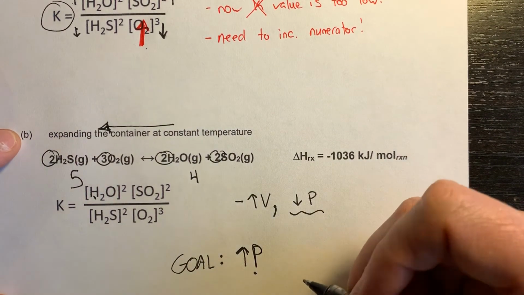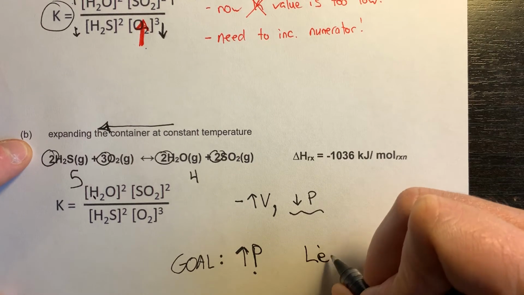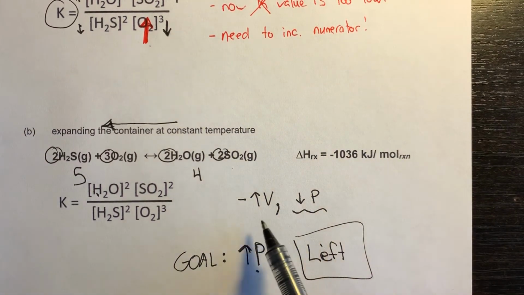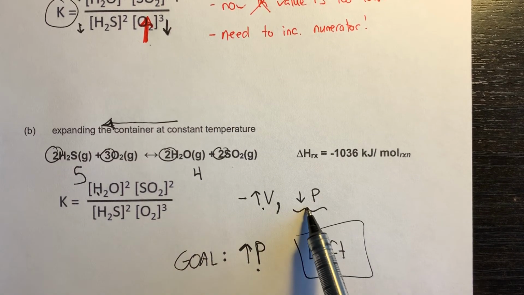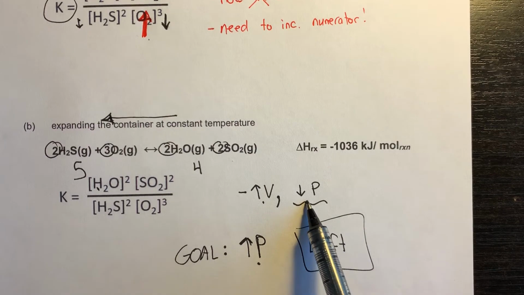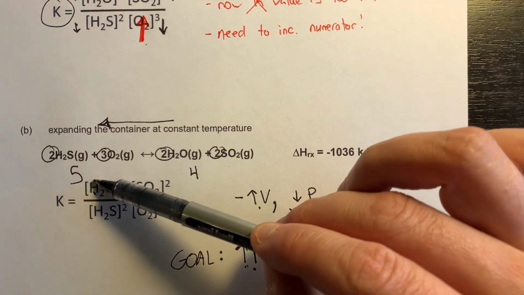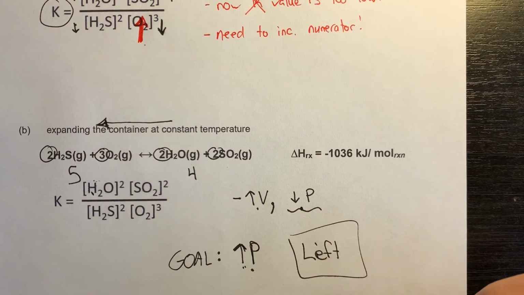So I know that I'm going to end up shifting to the left for part B. Again, if we, as a chemist, have increased the volume, thereby decreasing the pressure, the system will respond in a way to increase the pressure. It shifts to the left to increase the number of moles of gas, thereby increasing collisions and therefore the overall pressure.